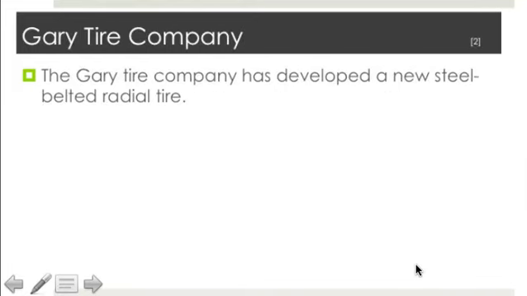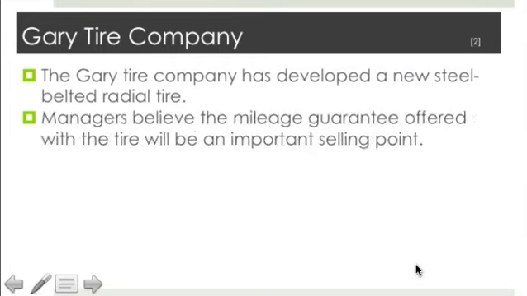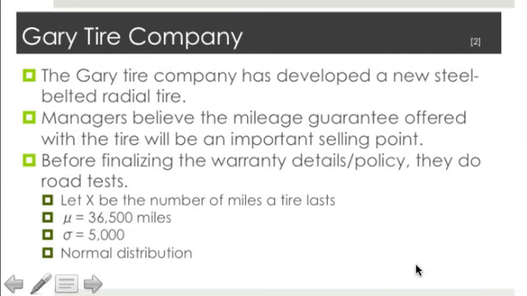Let's say we're looking at the Gary Tire Company, which has developed a new steel-belted radial tire. Managers for the company believe that the mileage guarantee that they plan to offer with that tire is going to be an important selling point for their company. However, before they finalize the warranty details and policies, they do a few road tests to gather some data.